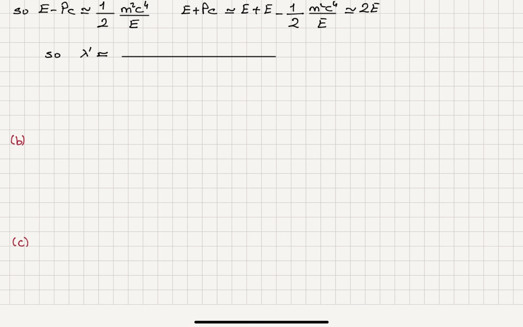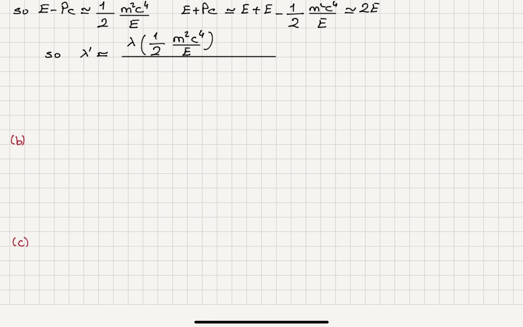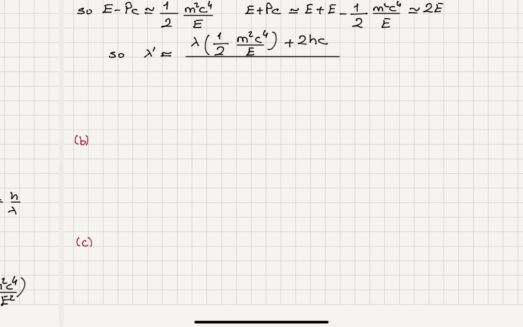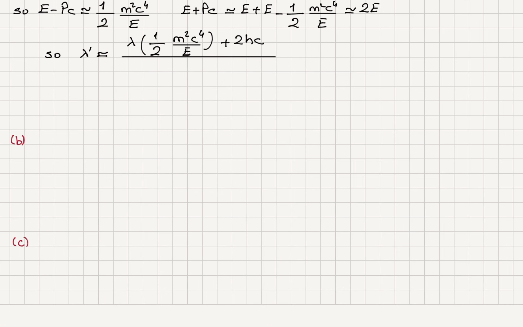So I have lambda times 1 over 2 m squared c to the fourth power divided by capital E, and then I have plus 2hc divided by capital E plus capital P times C. For capital E plus PC, I'm substituting 2E.